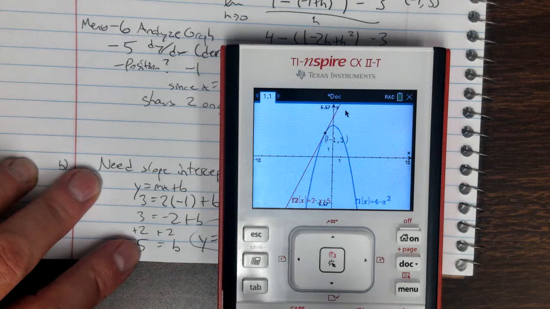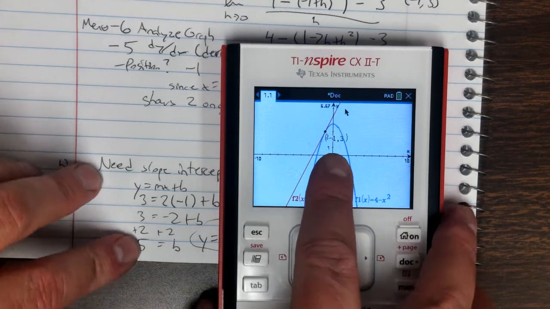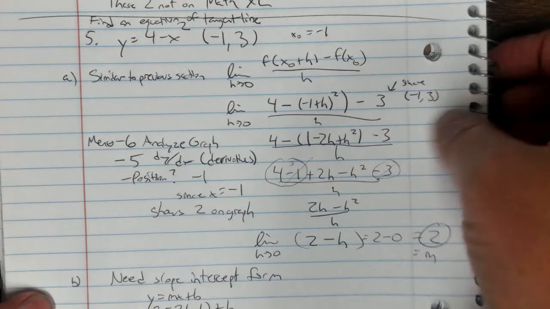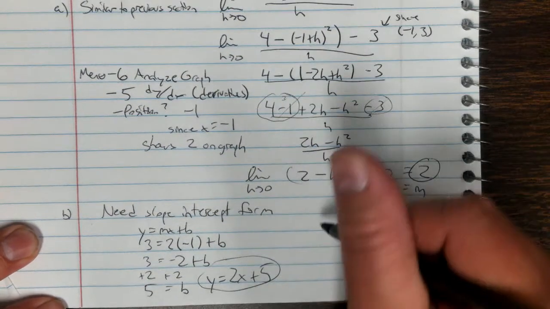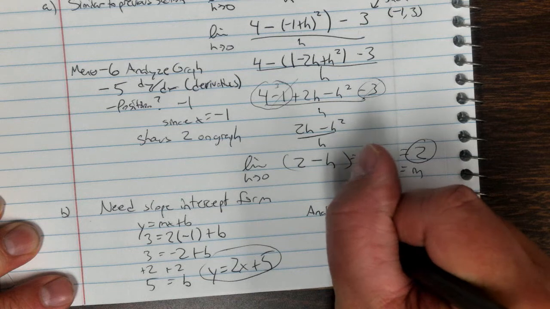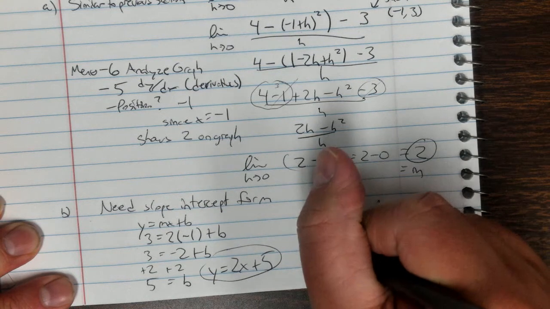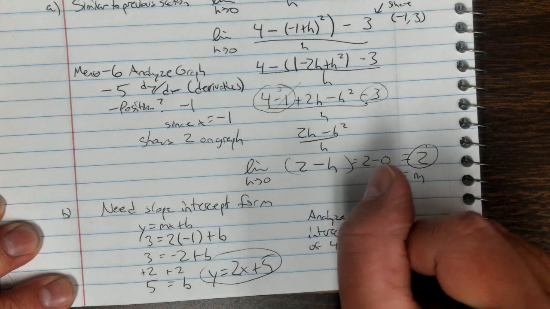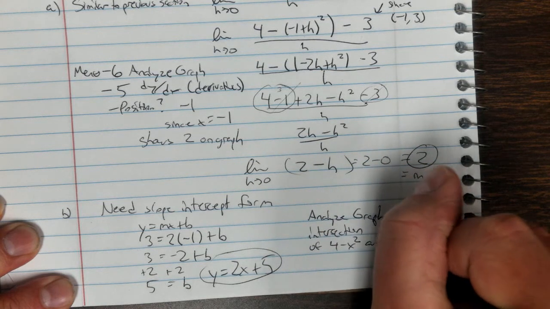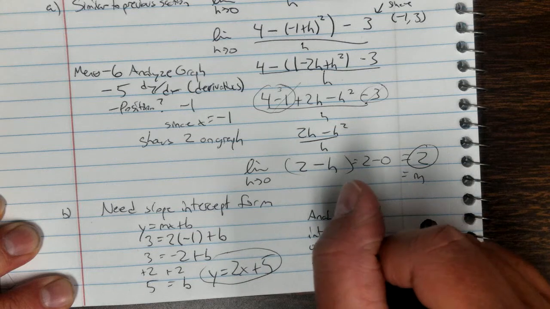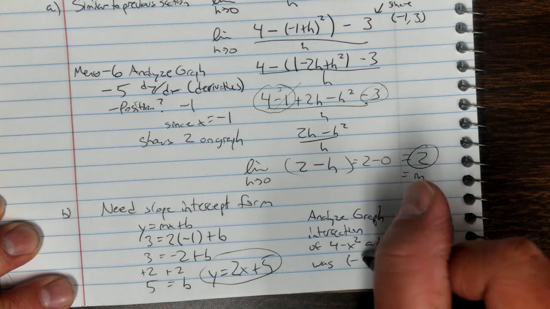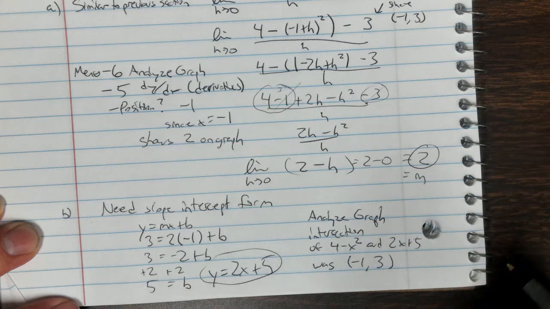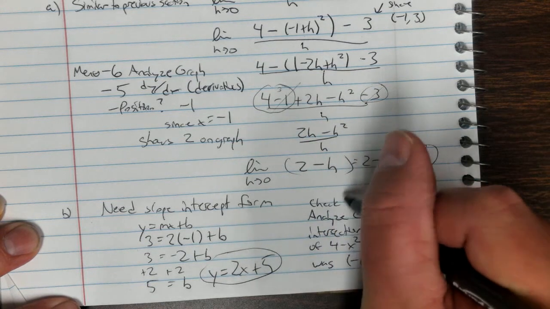So all of that matches up with what we were expecting, because in our problem it had -1, 3. And when we did analyze graph, and we did the intersection of 4 minus x squared and 2x plus 5, that was -1, 3. So that's how you know you did it right. So I'm going to just call that the check.